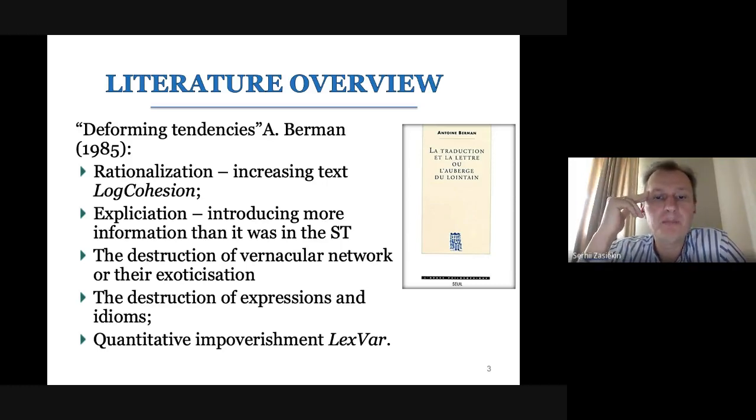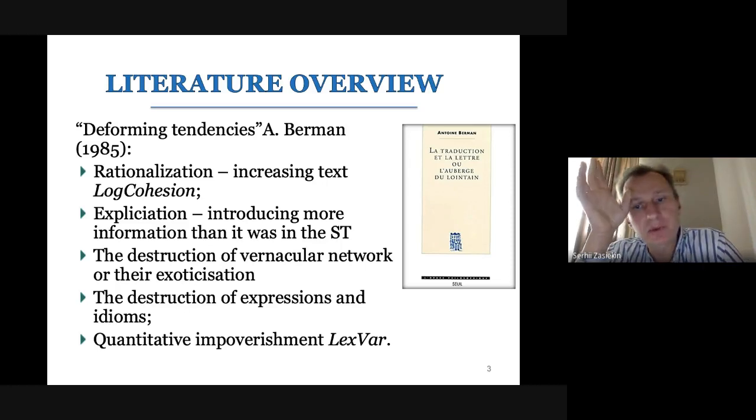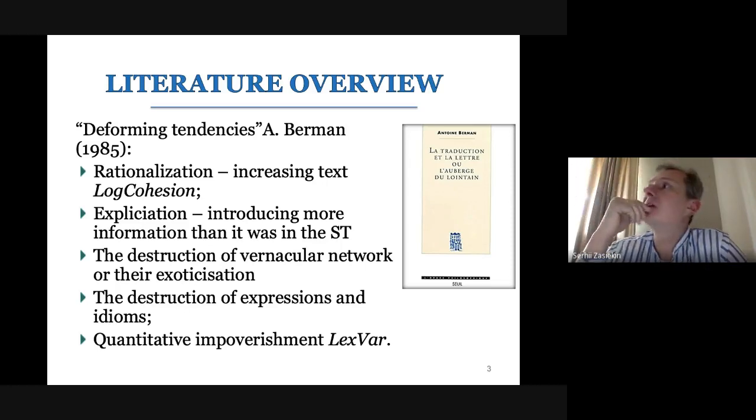That is to say, if the original text had a lot of idioms, a lot of cultural words, sometimes called realia, and the target text contains little or no idioms, that is, when the translator omits or tries to compensate these idioms, for example, by applying a descriptive translation, right?